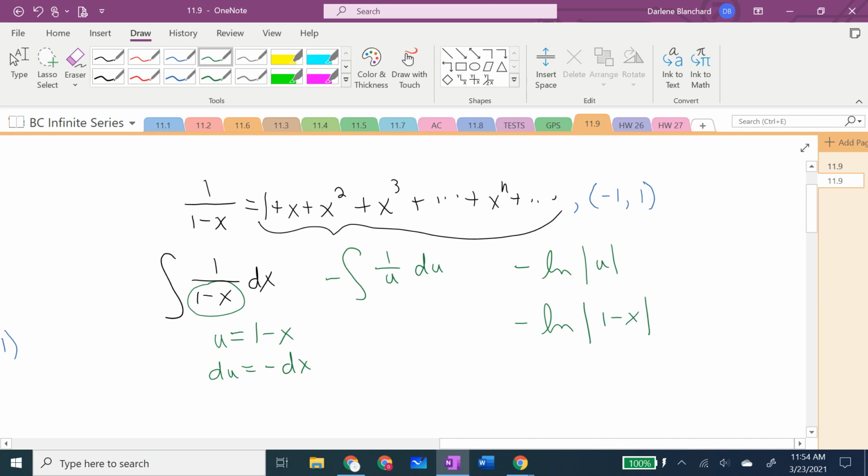Now, do I need the absolute values around the 1 minus x? Take a moment. And yes, the plus c.